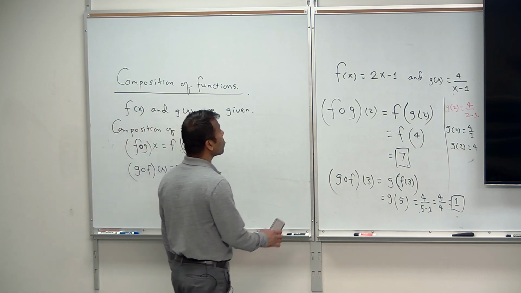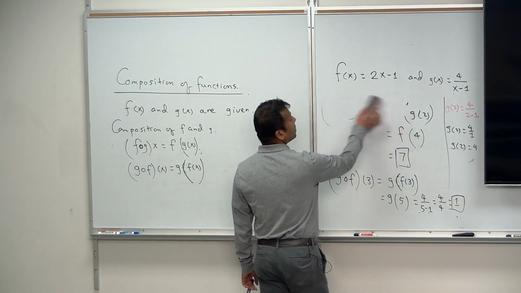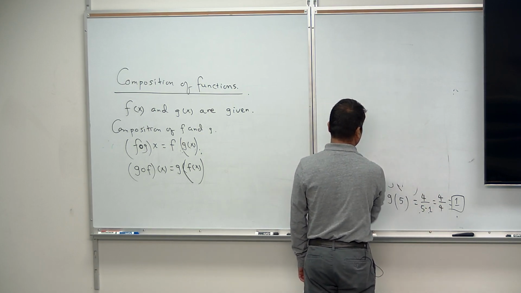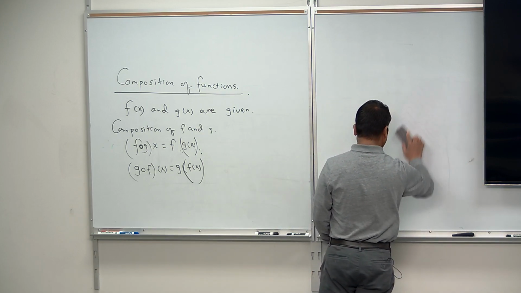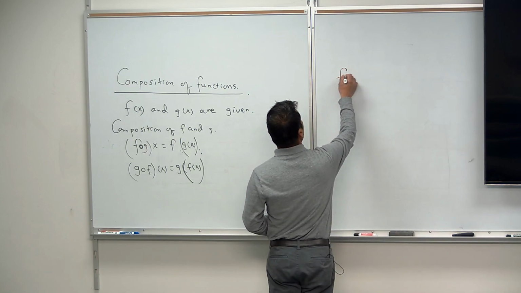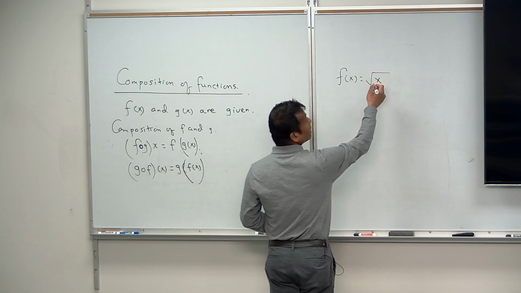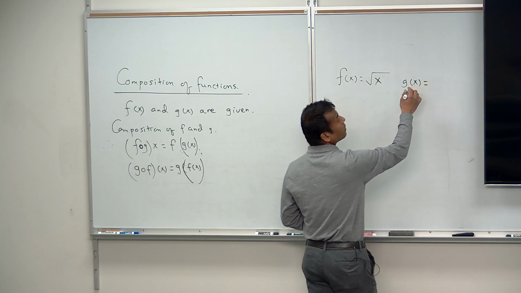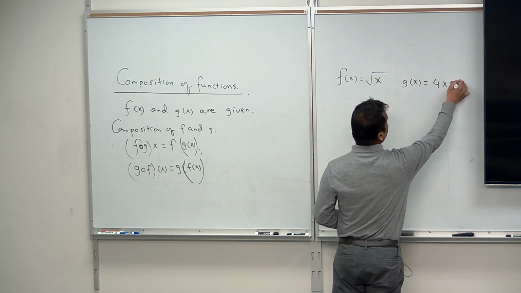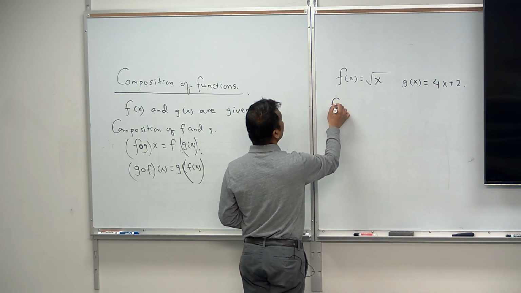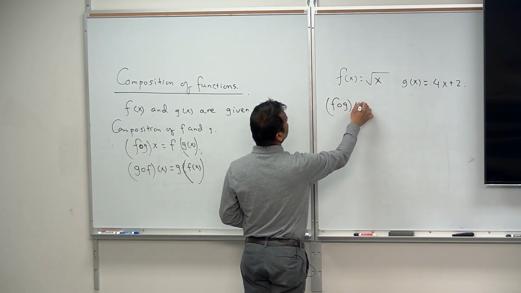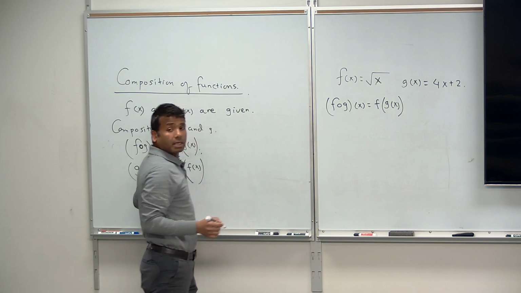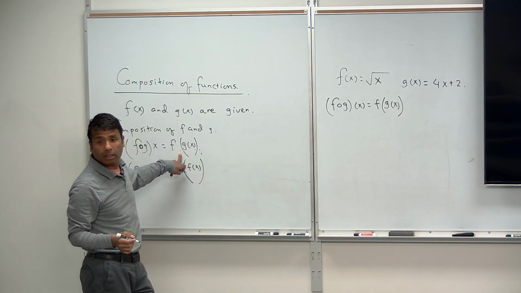So you have f(x) equal to radical x and g(x) equals to 4x plus 2. So you need to find out f o g(x). So that is f parenthesis g(x) by definition, because f o g(x) is f parenthesis g(x).